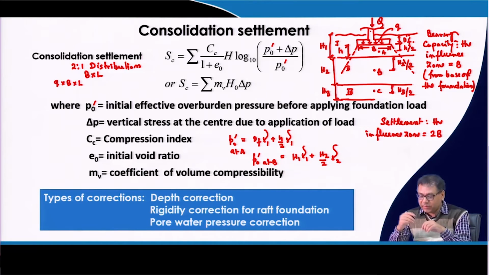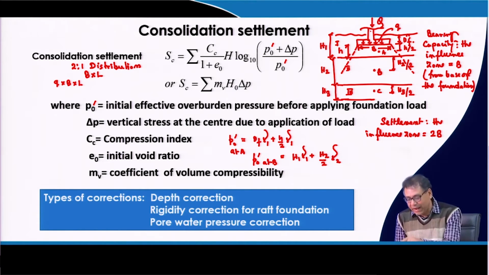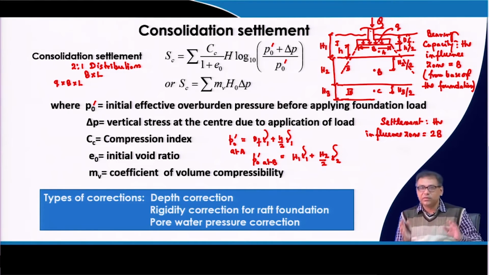Now, when this load distributes in a 2:1 distribution pattern, the loading area will increase as the depth increases. So, at point B and at the base of the foundation, the loading area will not be the same. The loading area will be increased. That is why the stress at point B will decrease as compared to the base of the foundation.